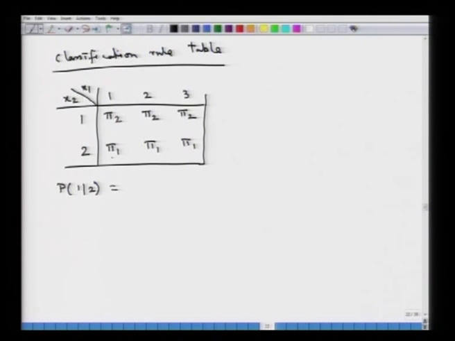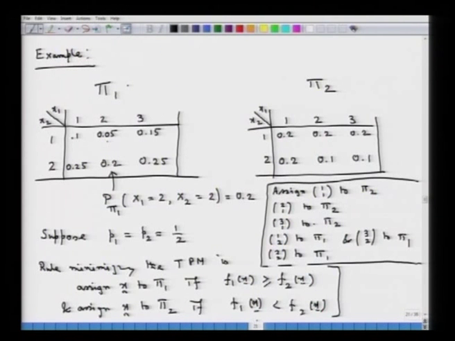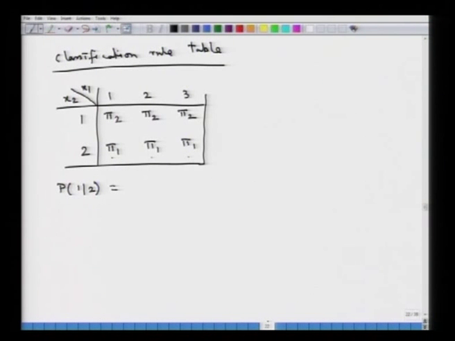From the table, we will have to look at this cell probability, this cell probability, and this cell probability under pi 2, because the observation has really come from pi 2 and we are by mistake misclassifying it into the pi 1 population.